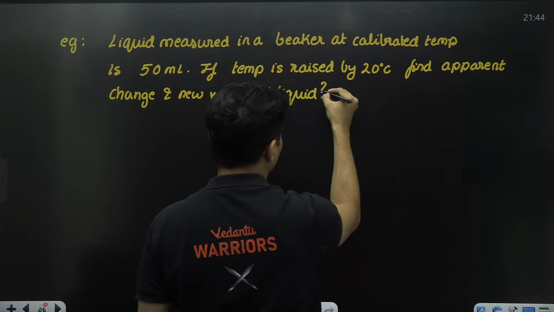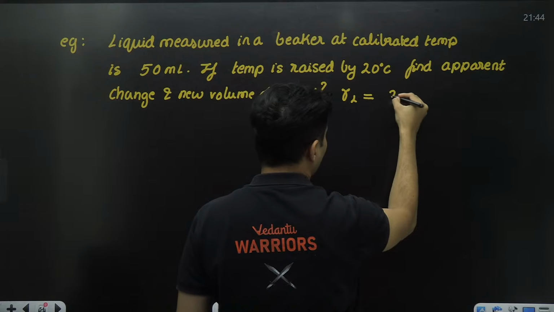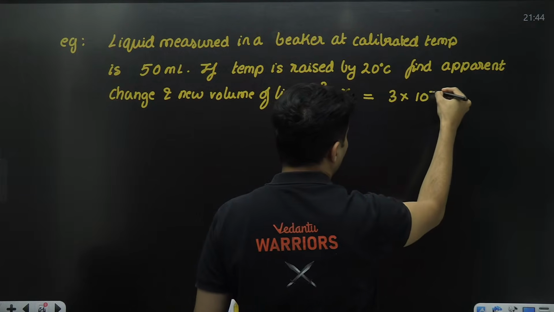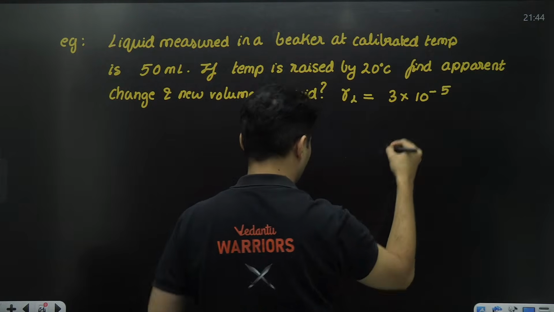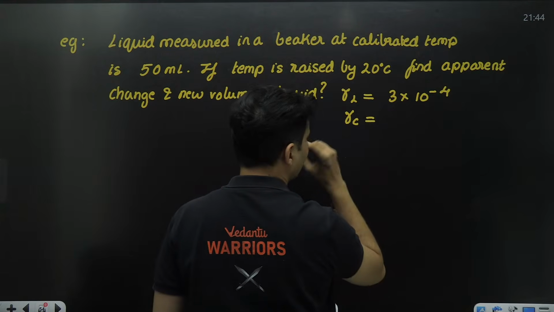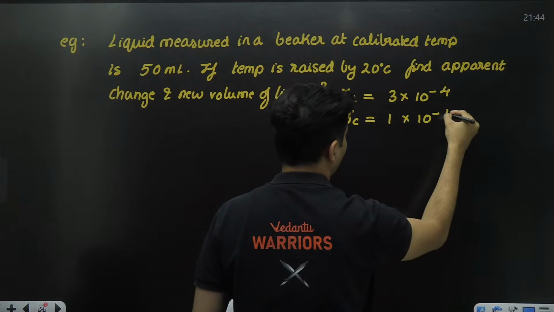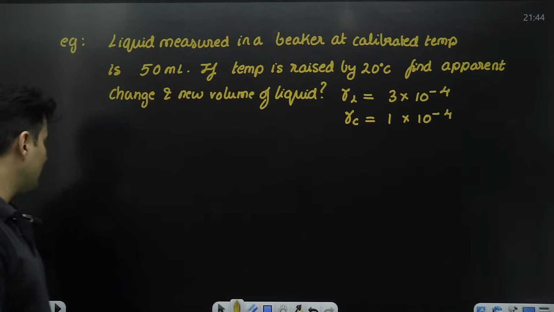Given to me is gamma of the liquid is 3 multiplied by 10 to the power minus 4. Gamma of the container is 1 into 10 to the power minus 4. Okay, this is what is given to me.